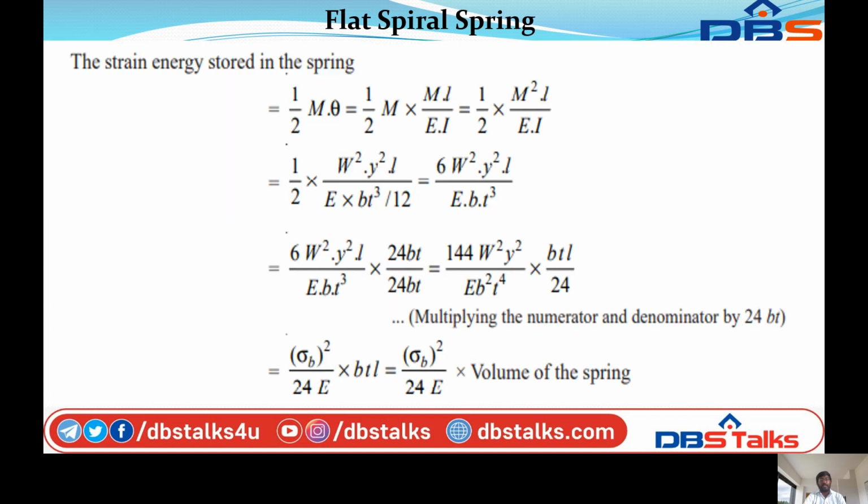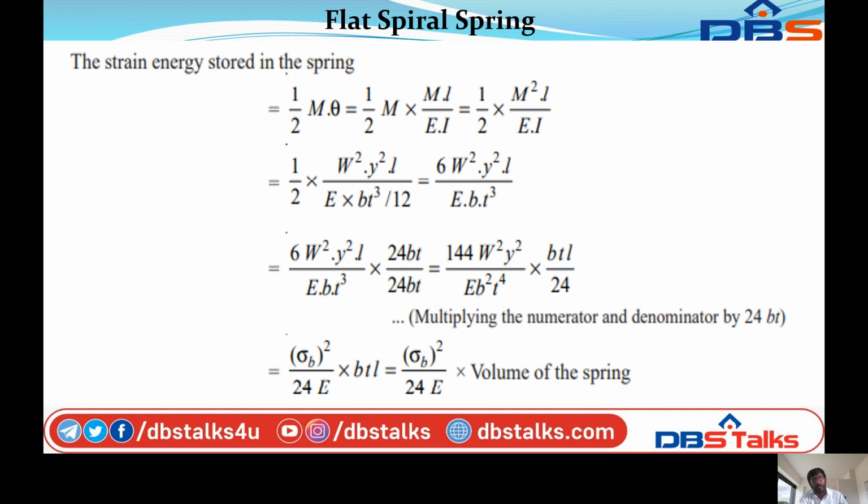So, next, the strain energy stored in the spring is equal to half into M into theta, that is equal to half into M into M l by EI, that is equal to 1 by 2 into M square l by EI, that is equal to 1 by 2 into W square into y square into l by E into B T cube into 12, that is equal to 6 into W square into y square into l by E B T cube.